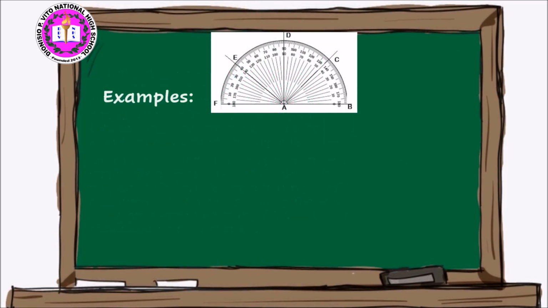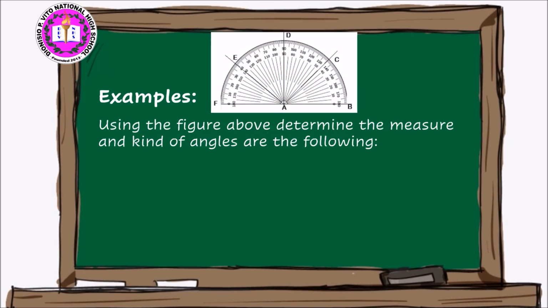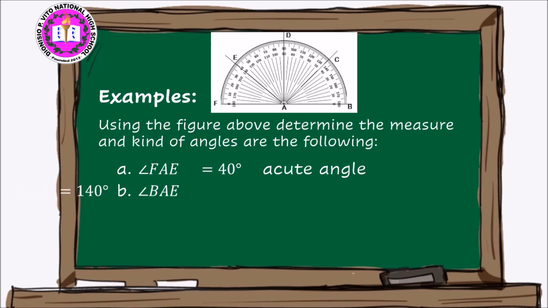For example, using the figure above, determine the measures and kinds of angles of the following. Angle FAE is equal to 40 degrees, and that is an acute angle because it is less than 90 degrees. Next is angle BAE, which is equal to 140 degrees.